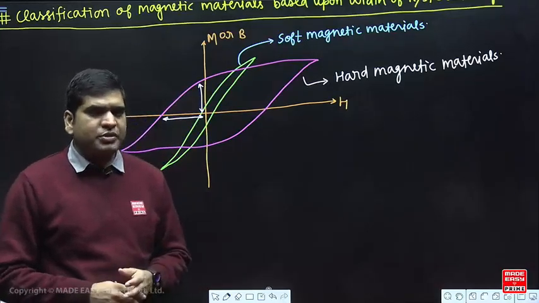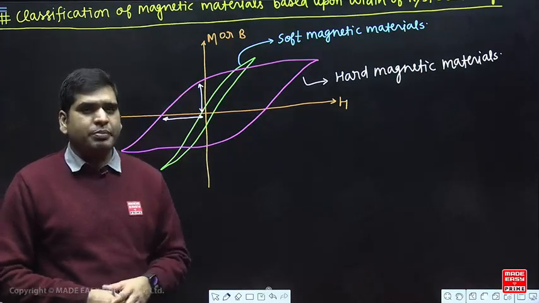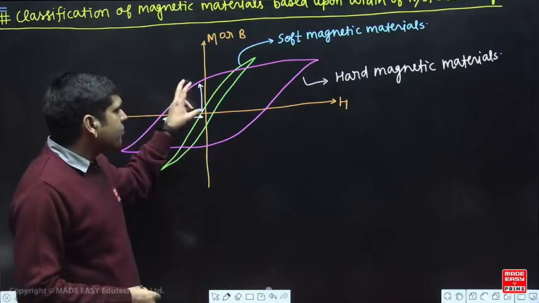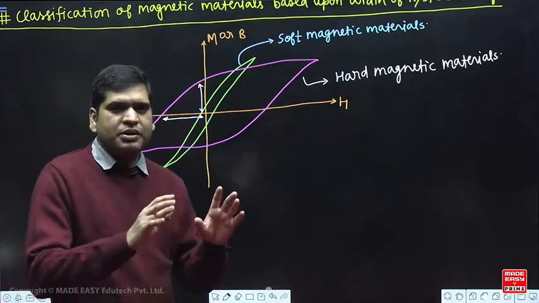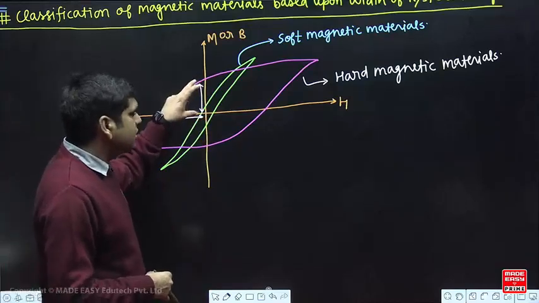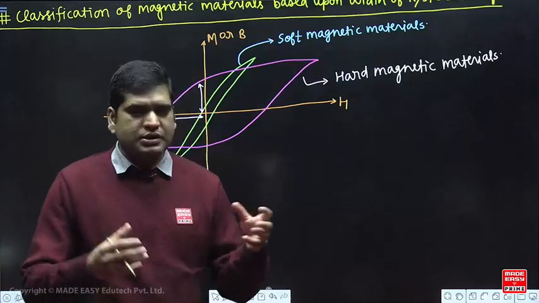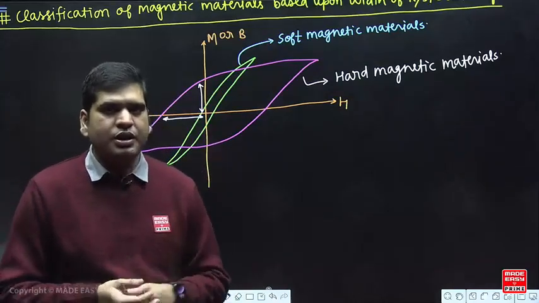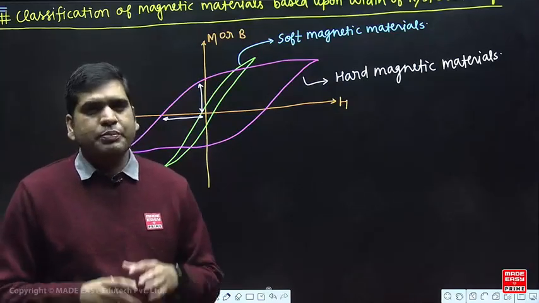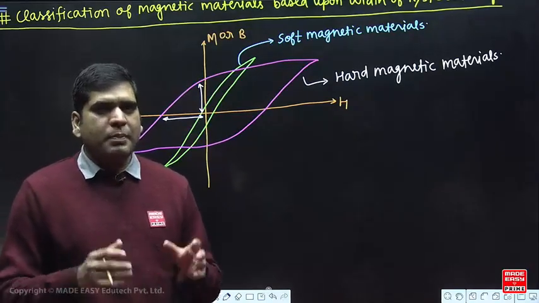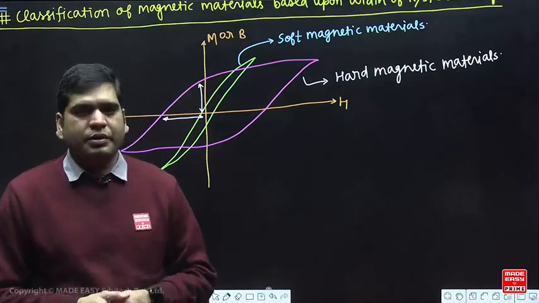So these hard magnetic materials are not suitable for high frequency application, but they can be used to make permanent magnets, because when making that magnet, we bring it up to the saturation level and then leave the field. When the field is left, they still have a strong value of magnetization. By using that retentivity, they attract other materials. So these materials are best suited to make permanent magnets. That's why sometimes hard magnetic materials are also known as permanent magnet materials.